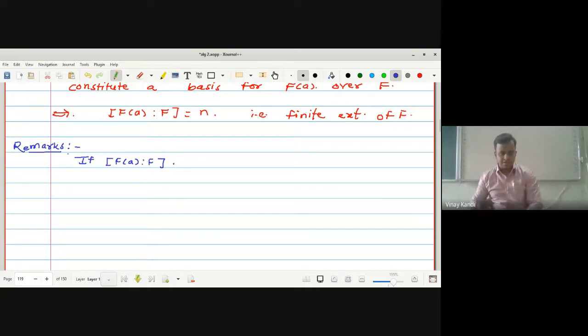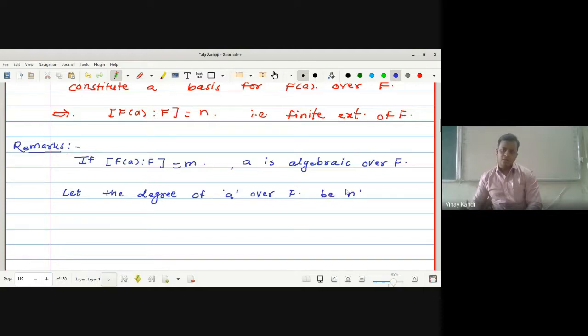And a is algebraic over capital F. Now let the degree of a over the field F be n.